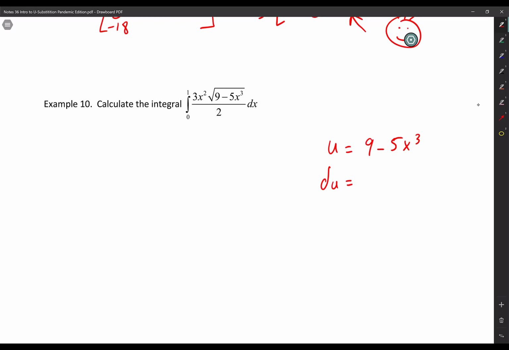And even though I don't have a 15x squared, I do have an x squared in there, and I can make it look like negative 15x squared dx. For those of you that don't see it, look at this. I can multiply that 3 by what? I need it to be a negative. So I can multiply that 3 by negative what?